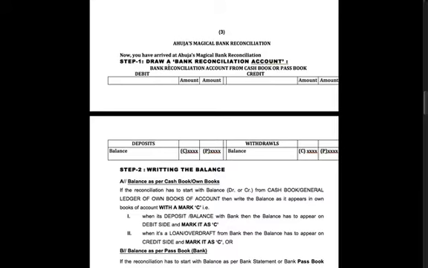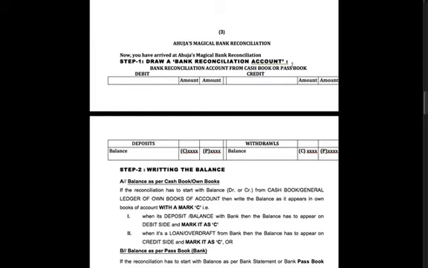That's why I have mentioned bank reconciliation account from cash book or passbook, irrespective of whether the reconciliation has to start from the balance given in the cash book or the passbook, whether the balance is debit from the passbook, that is favorable, or unfavorable, that is a liability from the cash book, that is a credit. Similarly, from the passbook, you don't have to bother whether it is a liability or asset.